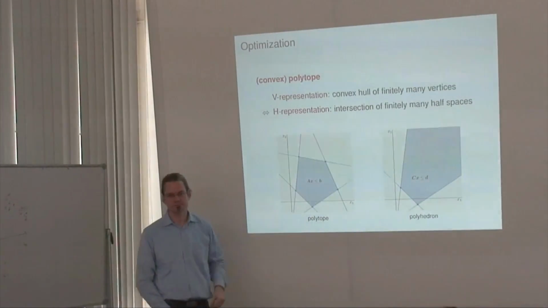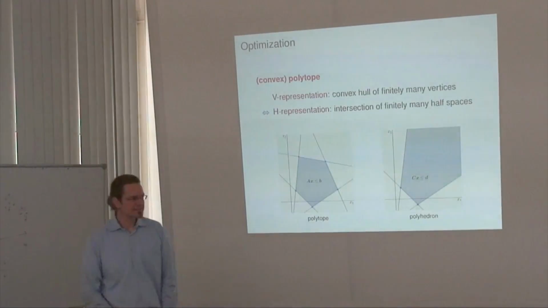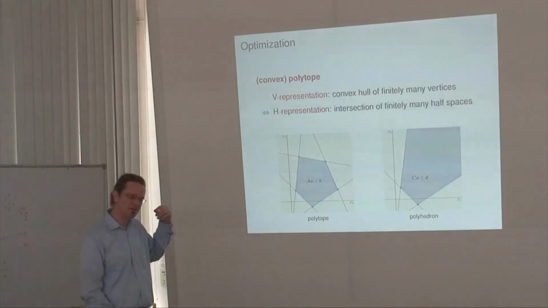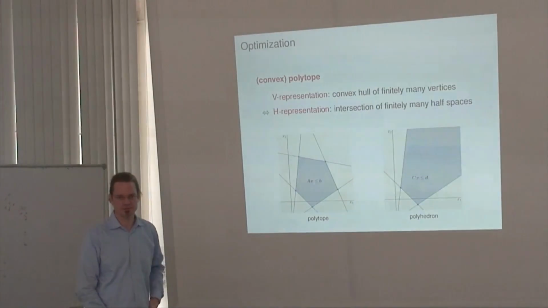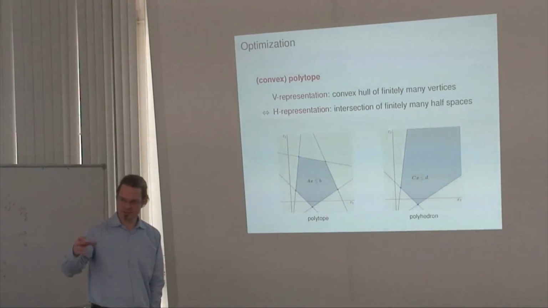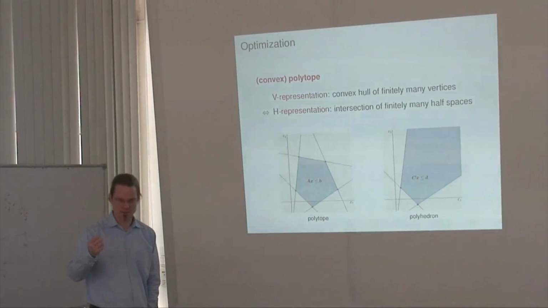This is what we see here, right? And if I were precise, I would have said that in the so-called V vertex representation, a convex polytope can be understood as the convex hull of a finite number of vertices.